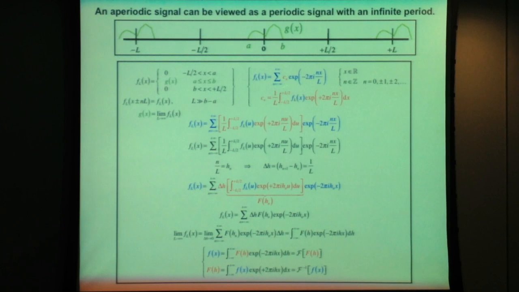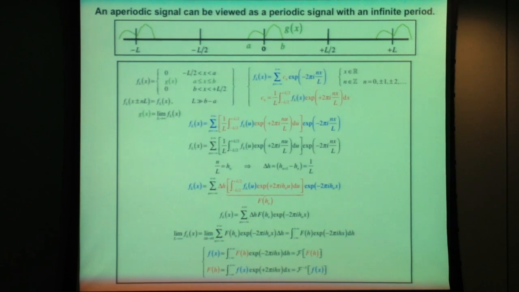And those coefficients are obtained by, at each value of n, taking the value of the function f and multiplying it by the conjugate. See, this is e to the minus 2 pi i, and this is e to the plus 2 pi i here.